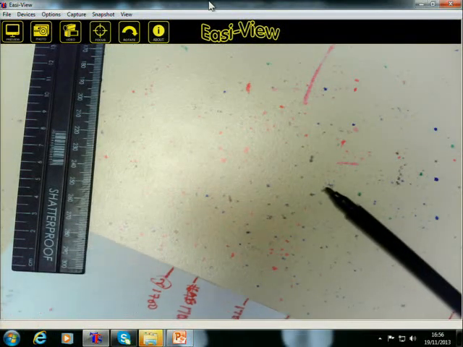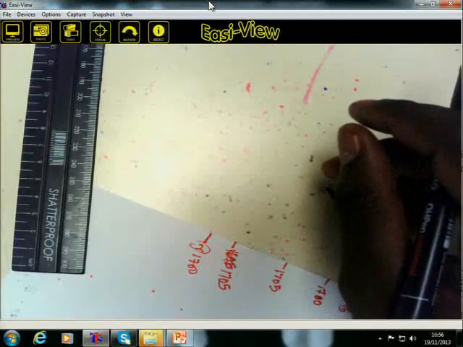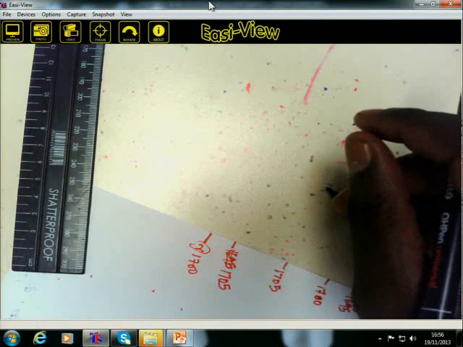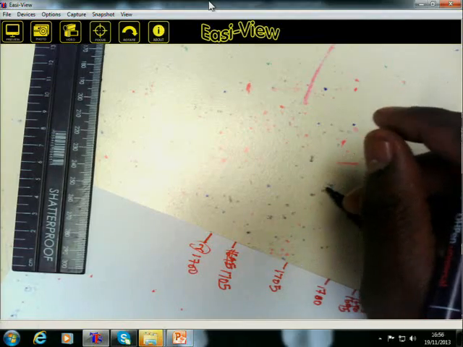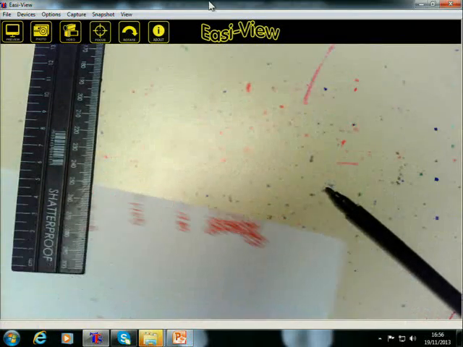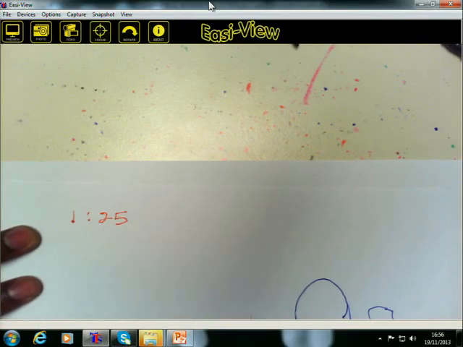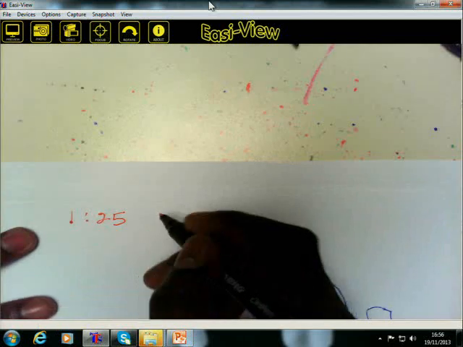Now I want to answer another question that says, how do you see if the gradient is steep or if the gradient is gentler? When you've got an answer like 1:25 in gradient, is it steep or gentle? But what do we mean by that?